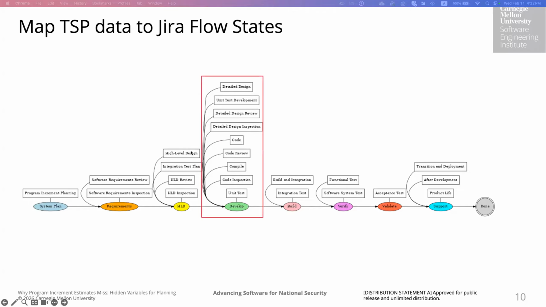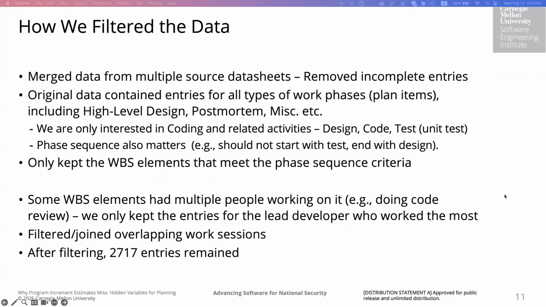For our analysis, we are interested in the middle phase, the development phase in Jira, which maps to the TSP phases like design, code review, compile, inspection, and unit test. Since we have the TSP data with information on all of these states, the first thing we need to do is filter our data.